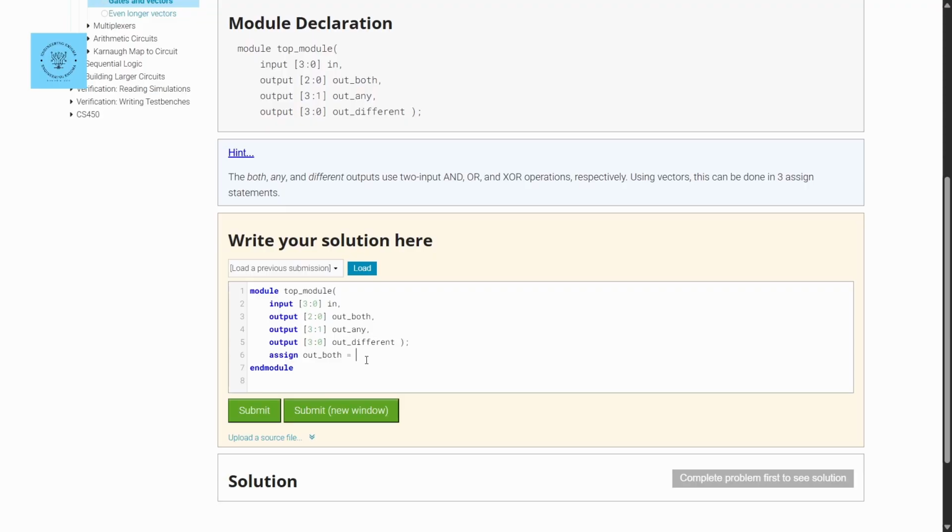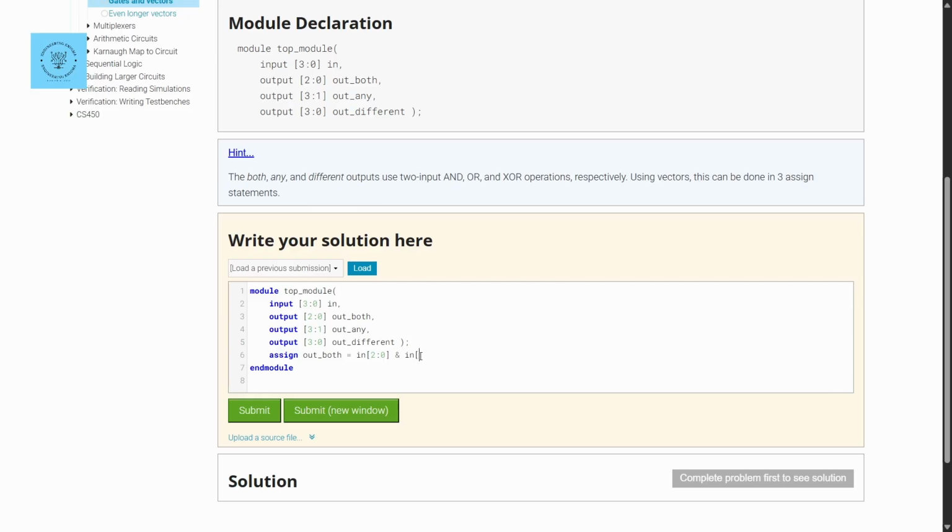For the first input we will give in[2:0]. Then this AND means bitwise AND operation. How can we do the bitwise AND operation?